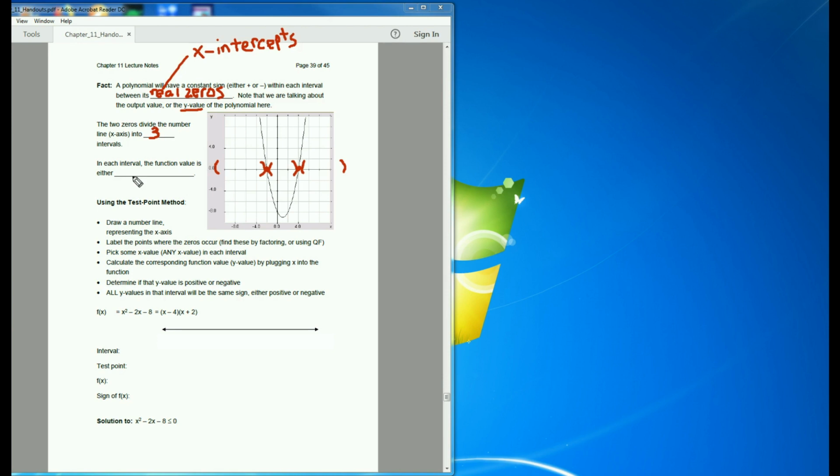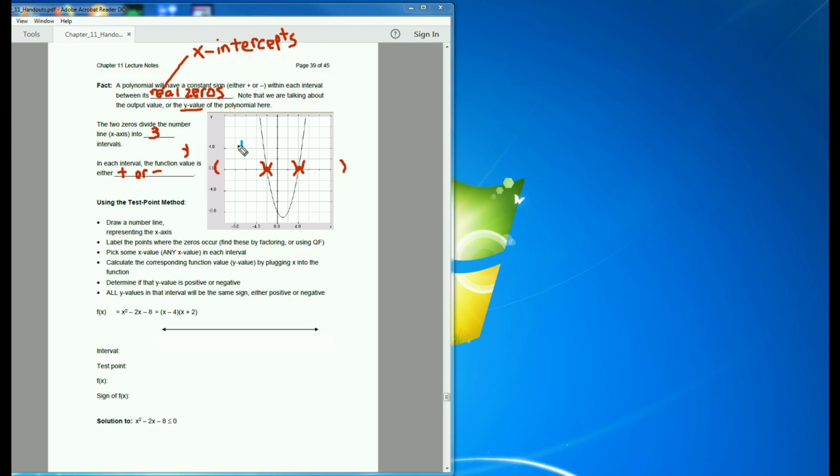Notice how in each interval the function value y is either positive or negative. In the interval from -infinity up to the first zero, where are the y values? Well, they're all up here.